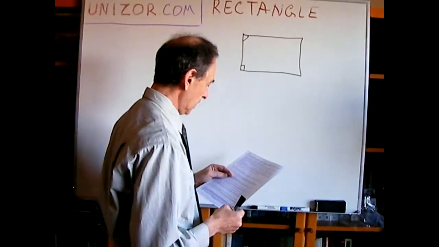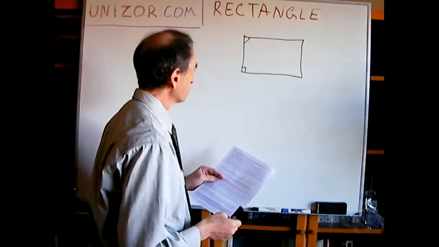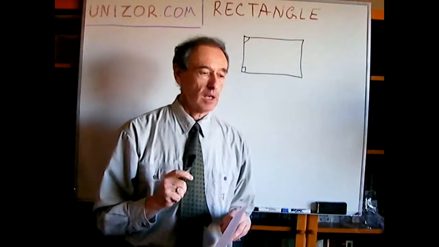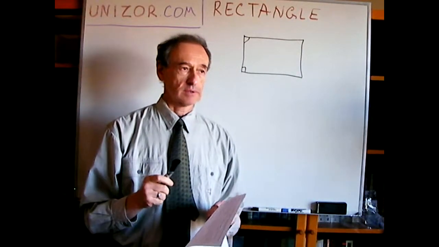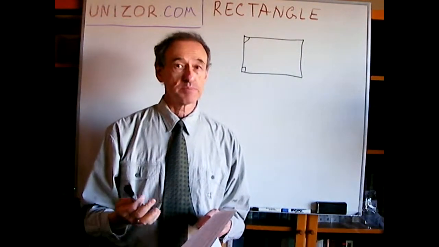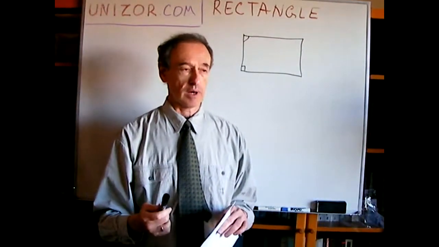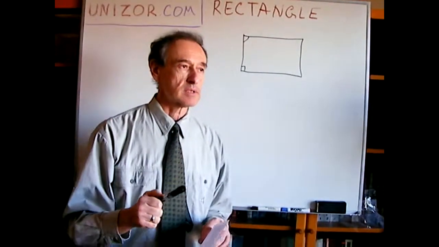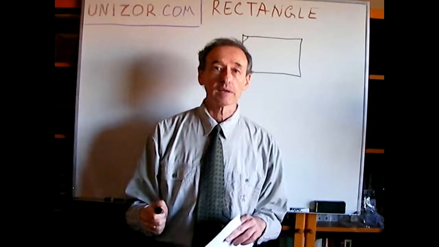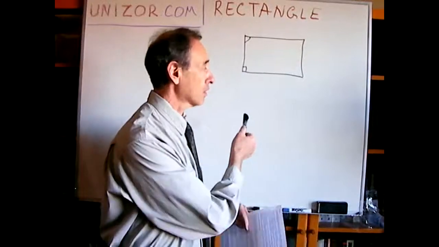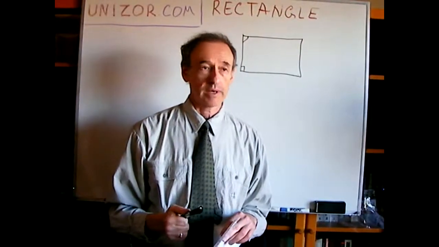At the same time, I have to mention that rectangle is a parallelogram. It's a specific type of parallelogram. That means that all the properties of the parallelogram are true for the rectangle.